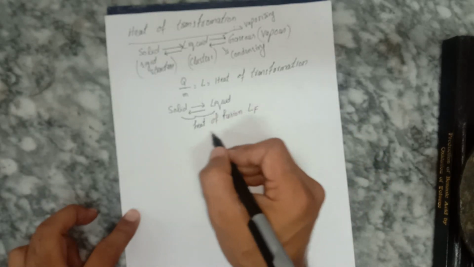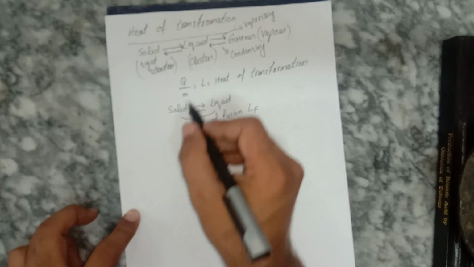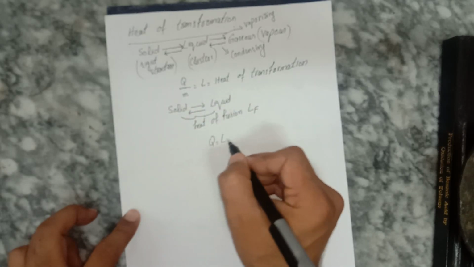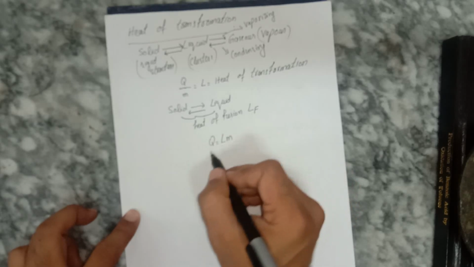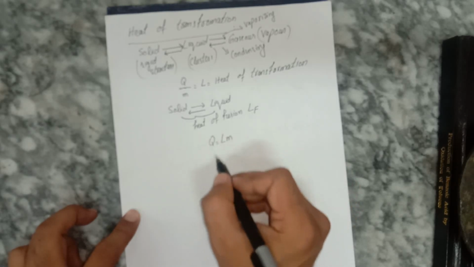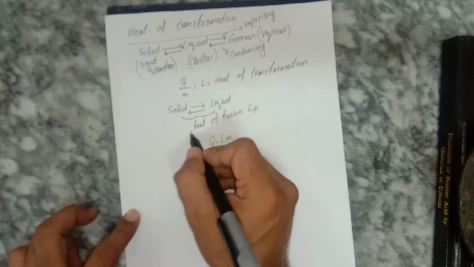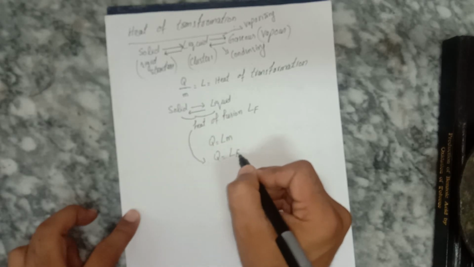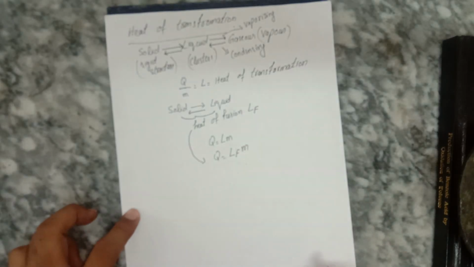So the relationship, Q equals L times the mass, for latent heat of fusion becomes Q equals latent heat of fusion times the mass.